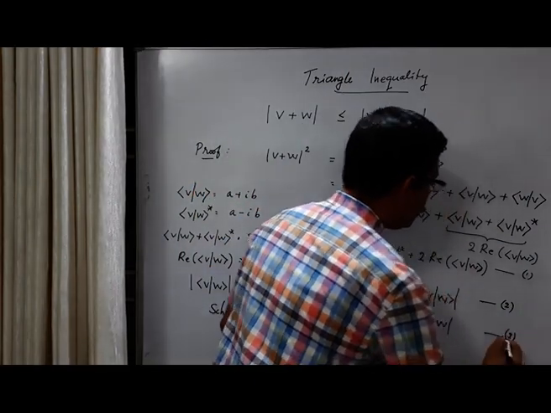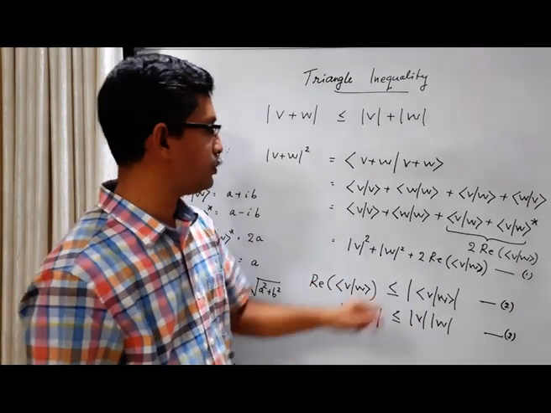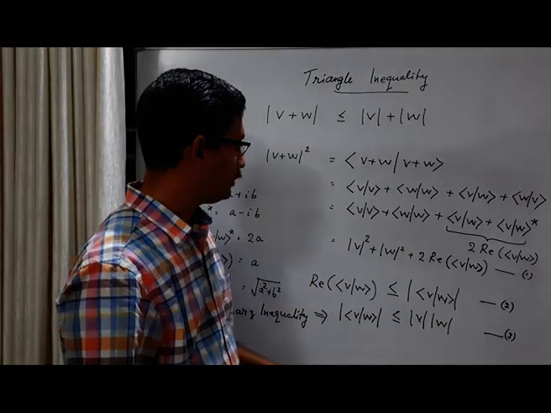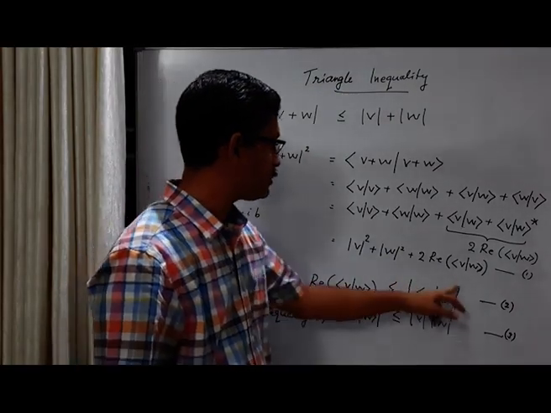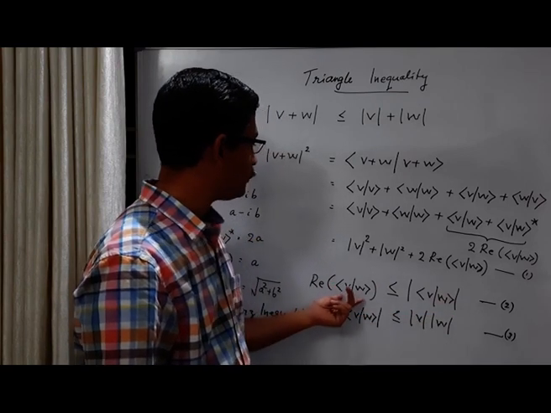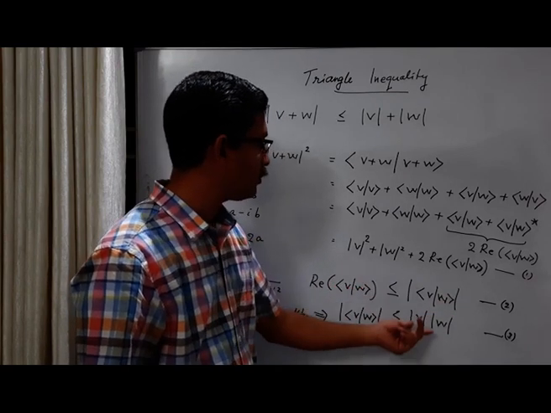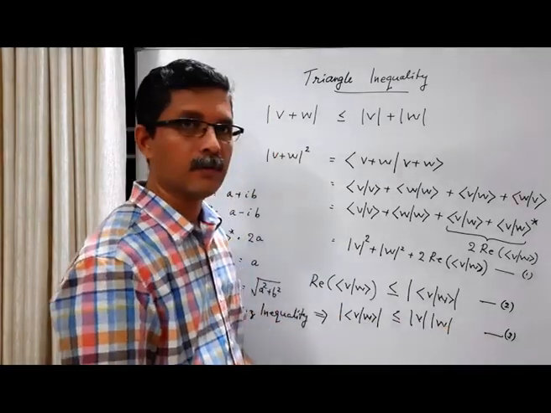Then if we use equation 3 in equation 2, we can say that instead of this, the real part of the inner product of v with w is less than or equal to mod v into mod w.